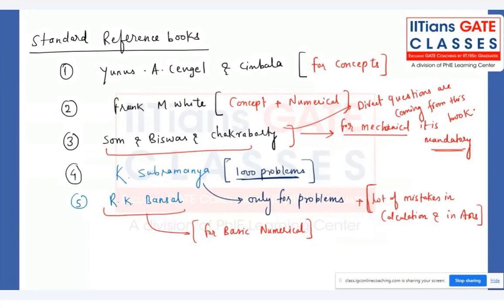And for solving numericals, again you can follow FM White, Subramanyam, or RK Bansal, right? And you know that for you guys, the Bible for aerodynamics is what? Anderson book, right? Yes or no, guys? Whatever Anderson book is there, that is a Bible for you guys, right? Regarding aerodynamics, you can follow that particular book also.